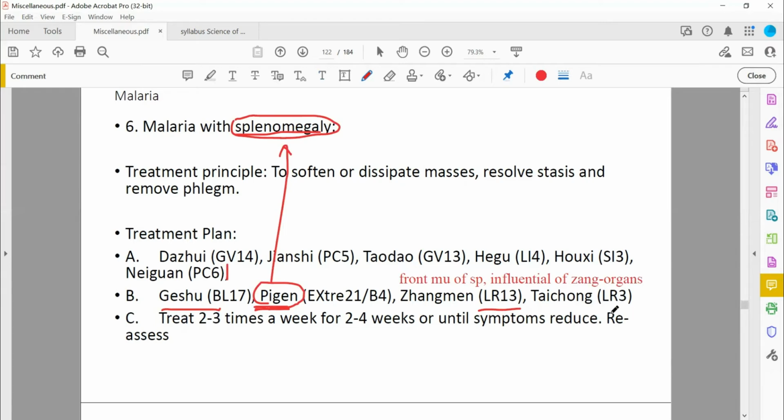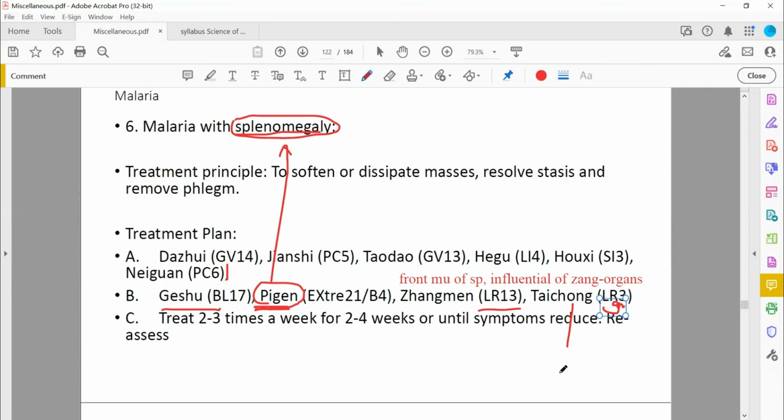Taichong, what's the action of Taichong? Liver 3. Circulate qi, right? We circulate the qi to circulate the blood.